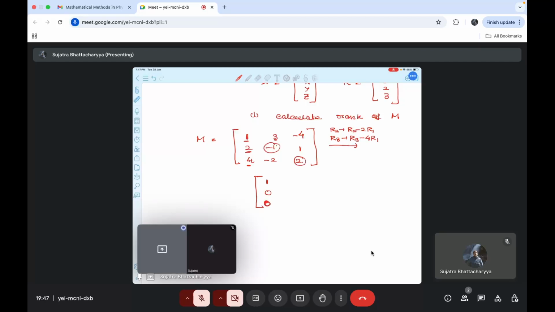So I have got one column where the leading entry is 1 and all the other entries are zeros. Okay, this is one of the steps. Now you have to follow this for the other columns also. The first row has nothing to do here because there are no operations on the first row. Operations are in the second and third rows. So it will be minus 1, R2 is minus 1, minus 2 times R1, that is 6. So minus 1, minus 2, minus 7.